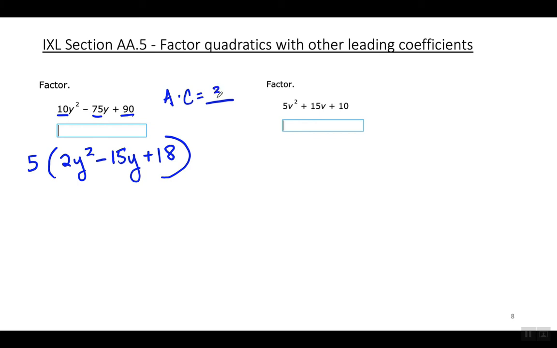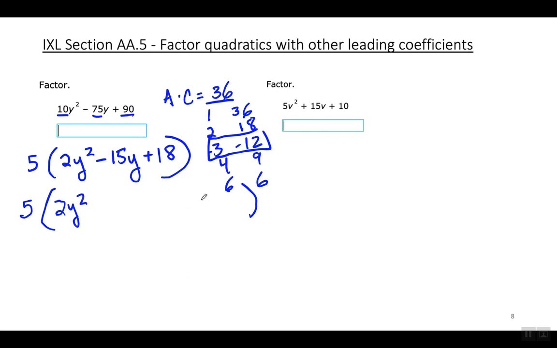A times c is 36. The factors of 36 are 1 times 36, 2 times 18, 3 times 12, 4 times 9, and 6 times 6. All right, so out of that combination, which one will give you a 15 right here? If I make them both negative, the sum will give me negative 15, and if I multiply them, it'll give me positive 36. So I'm going to split the middle.